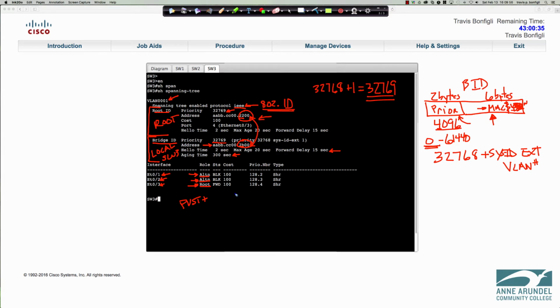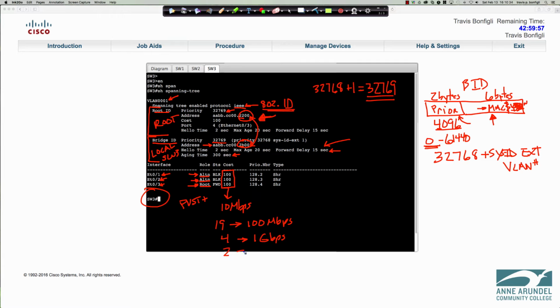And real quickly, the root port is the port that is closest to this root bridge on this switch, or in other words, on switch 3. And then we have our cost values. The cost values are based off the speed of the link, and so 100 is for a 10 megabit per second port speed. 19, as we've seen before, would be for 100 megabits per second. 4 would be for 1 gigabit per second.